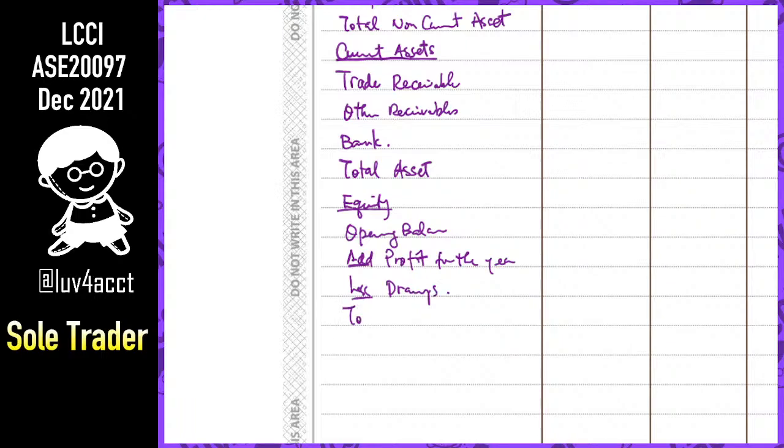Total closing equity. Liabilities. For liabilities, you have non-current and current as well. Non-current liabilities, you have 6% bank loan.